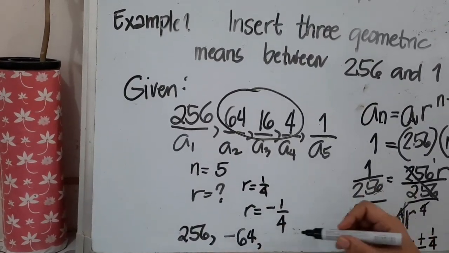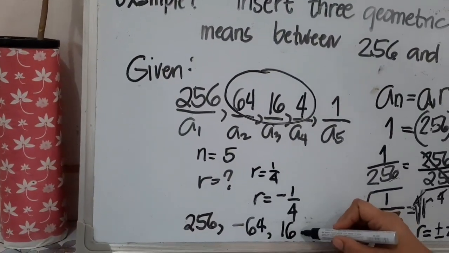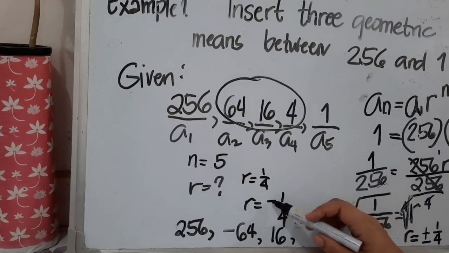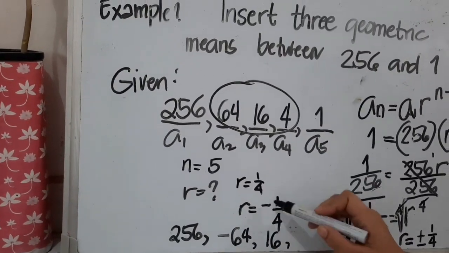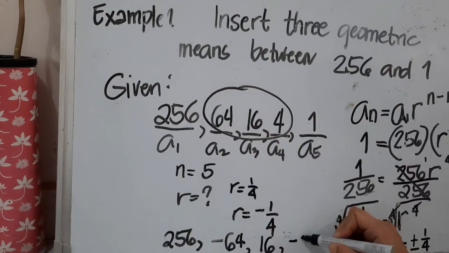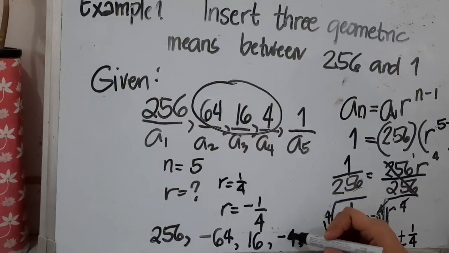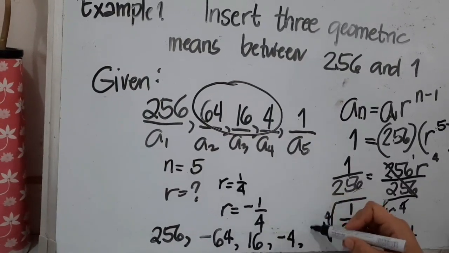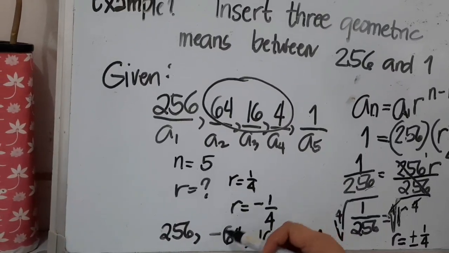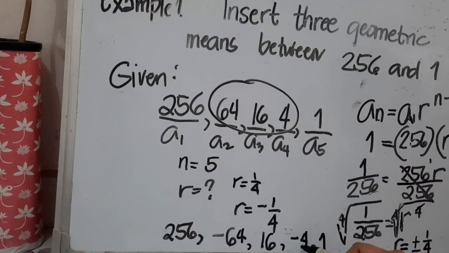Negative times negative will become positive, so we have positive 16. The third term, multiplied again by negative 1/4, 16 times negative 1/4 is negative 4. To check, negative 4 times negative 1/4, the answer is positive 1. So our other geometric means are negative 64, 16, and negative 4.